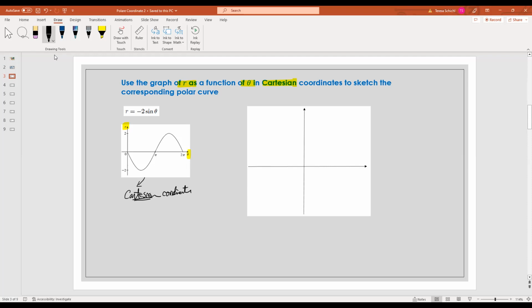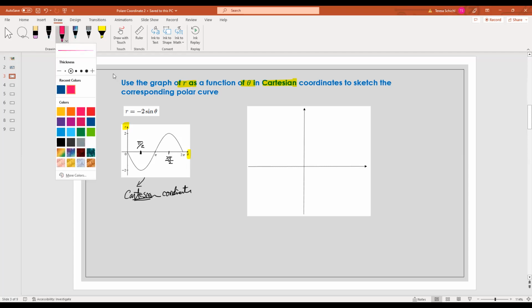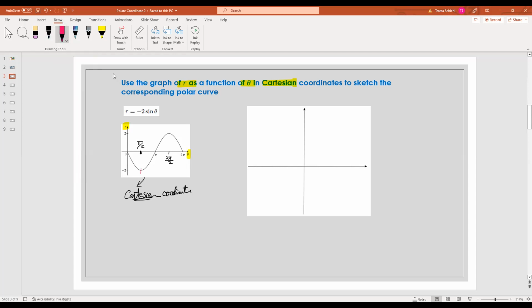I know this point here is pi over 2, and this is 3 pi over 2 here. So from 0 to pi over 2 here.